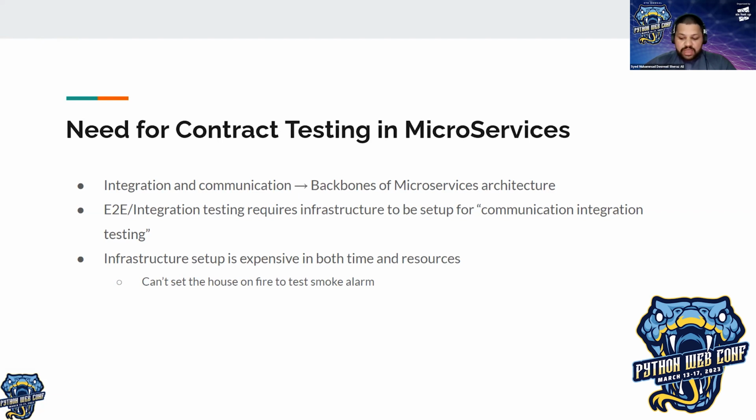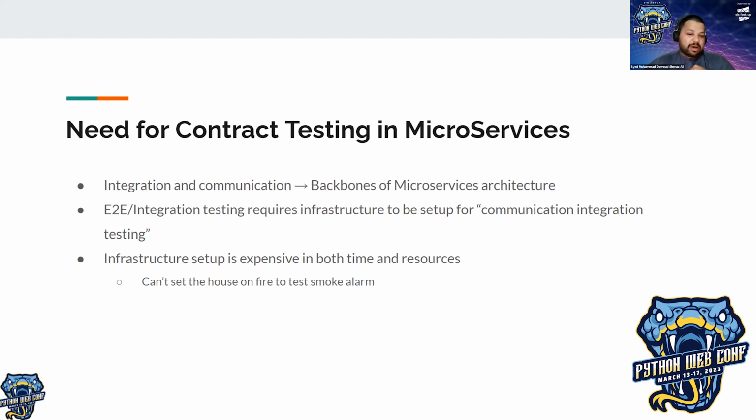Setting up the infrastructure is expensive, especially for systems that have a lot of microservices. Each microservice will need some sort of infrastructure, and infrastructure even on the cloud comes with its own cost. Even if it's for testing purposes, there will be some cost involved. That is the main challenge with infrastructure setup, that it is expensive in both time and resources, and we are overachieving with that.